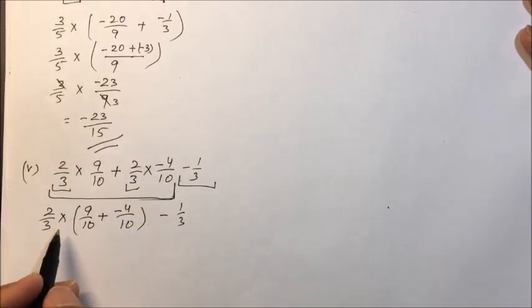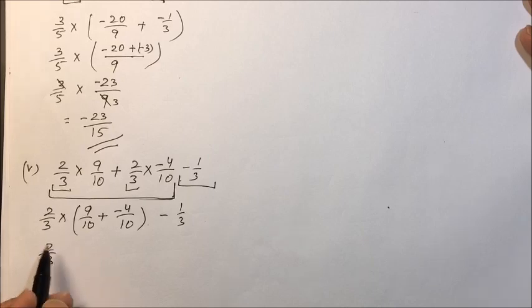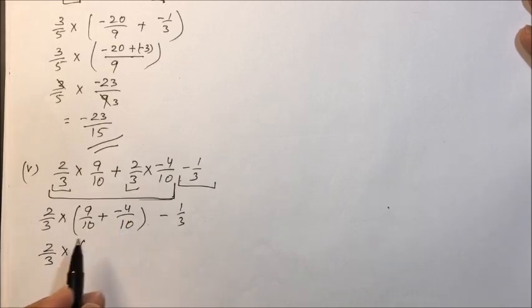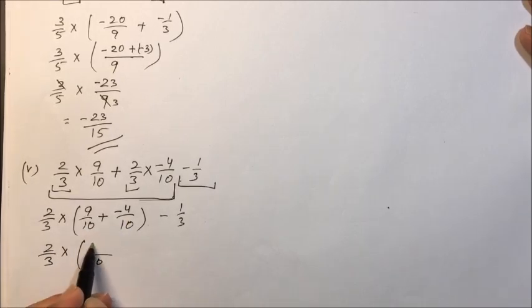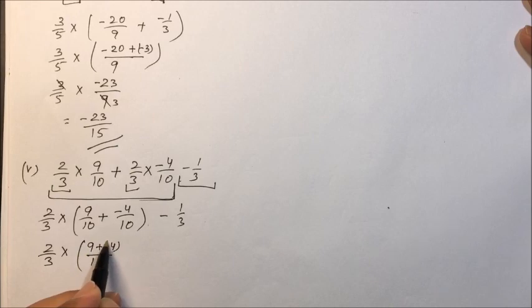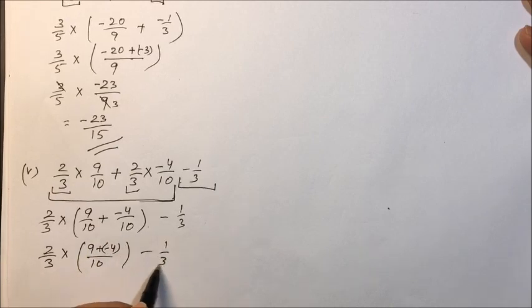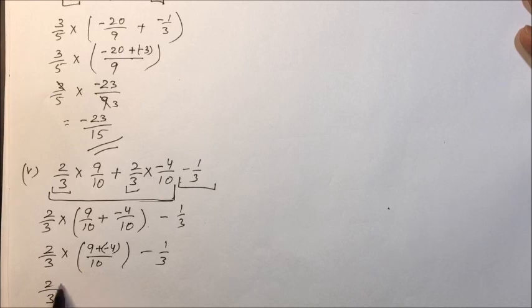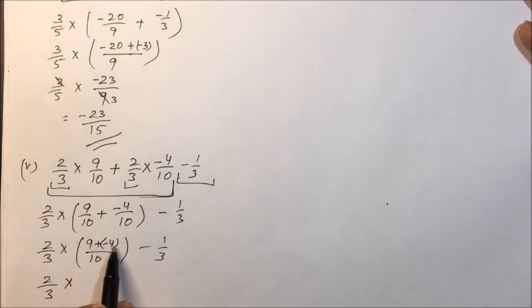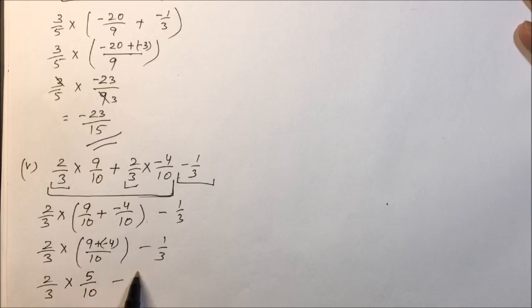Now 2 by 3 into, solve the bracket, LCM 10 same, 9 plus minus 4 minus 1 by 3. 2 upon 3 into 9 plus minus 4, 5 upon 10, minus 1 by 3.